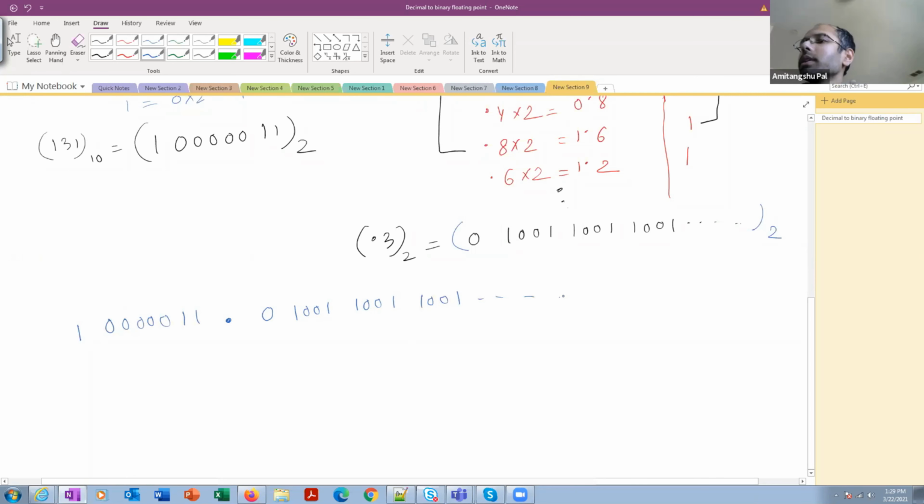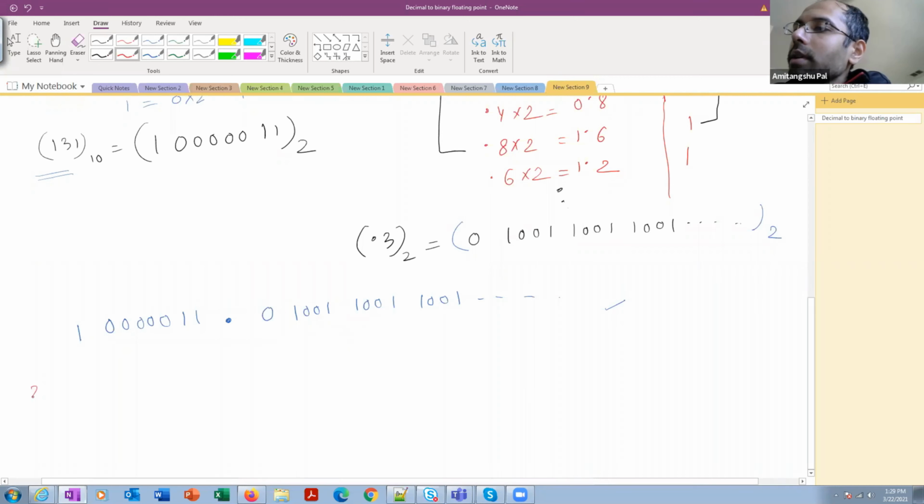We are only going to write up to 32 bits, because we are dealing with 32-bit numbers. So the first step is to convert the integer part to binary, point, fraction part to binary. Clear?